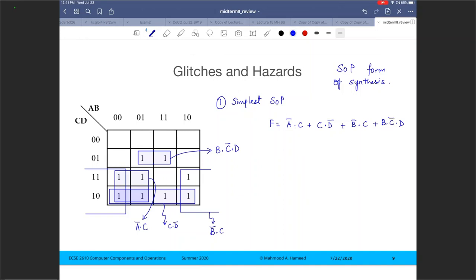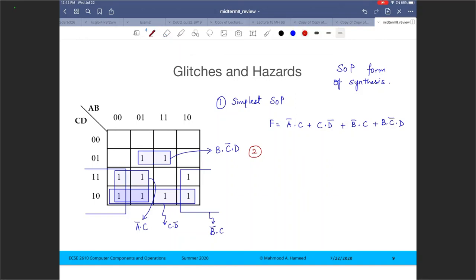Now, let us say we have to figure out in red if there are any hazards that are present in this synthesis. So suppose we have synthesized our function given in step number 1 in the simplest form. Then it is very clear that there is a problem at that place, right? We have not covered that. So I know that there is going to be a static 1 hazard present over here.